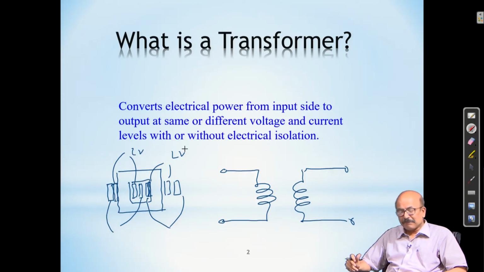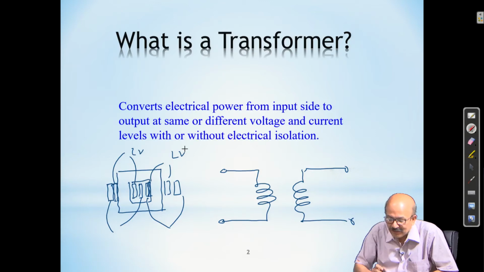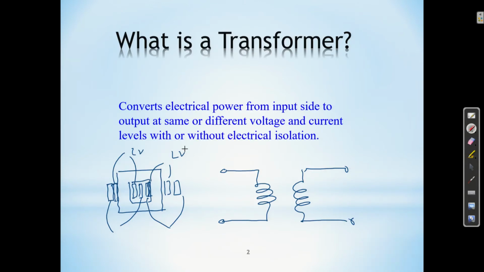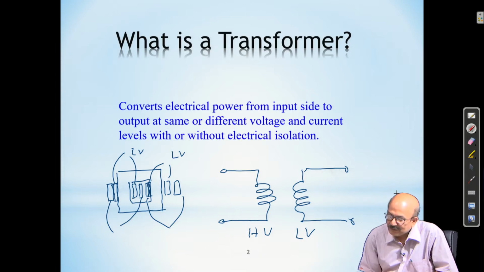But for the time being, it is enough to know that you have 2 coils, and for all our purposes we will have this representation, one coil this side and the other coil the other side. We already know, suppose this is my high voltage and this is my low voltage, they are distinct. Whichever is connected to the source will be primary, whichever is connected to the load will be secondary.